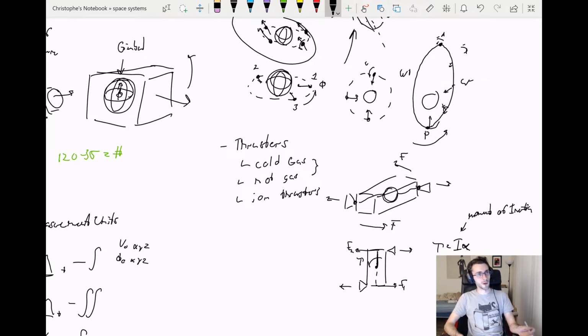I often like to think about moment of inertia as the rotational mass of an object. So much like force is equal to mass times acceleration, torque is equal to the moment of inertia, or your rotational mass about an axis, times the angular acceleration. So in this case, we're applying a torque, and we are getting an angular acceleration out. It is starting to speed up about that axis, so we are actually rotating the space vehicle.